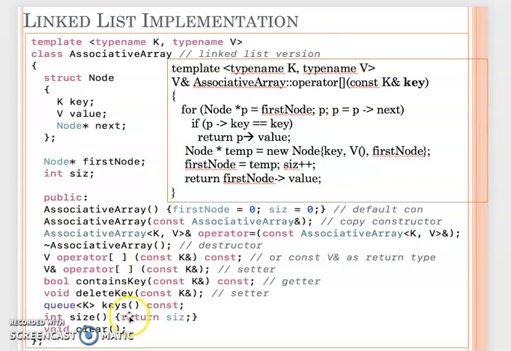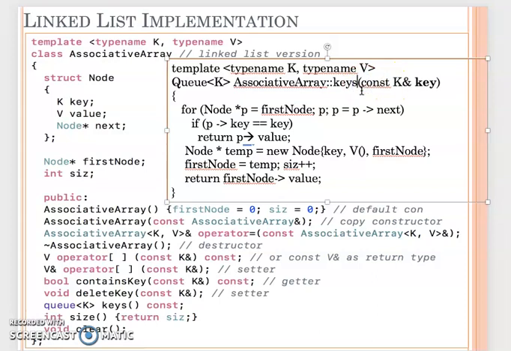The last one I want to talk about is the clear, the copy constructor and the assignment operator. They are all similar to our stack version. The only thing we didn't have is our keys getter function. So we need to return a queue, and the data type of this queue will be the same as the key.